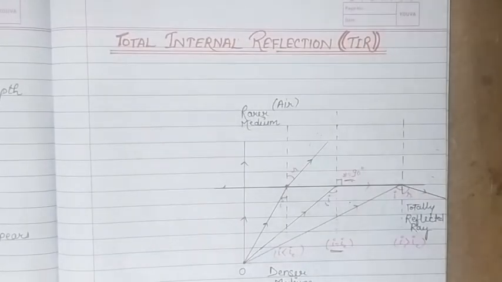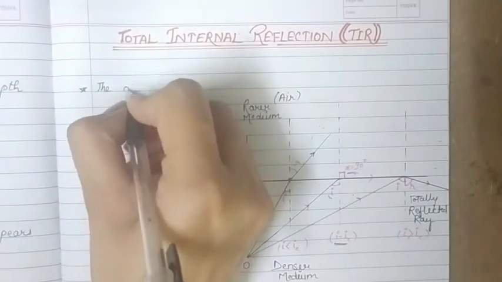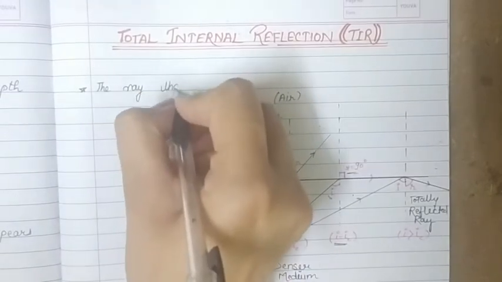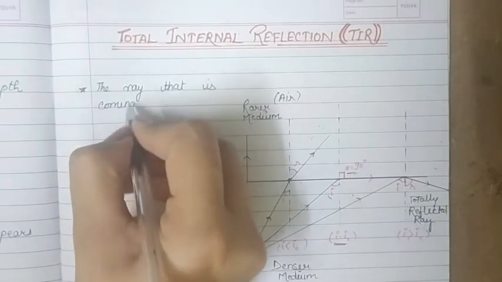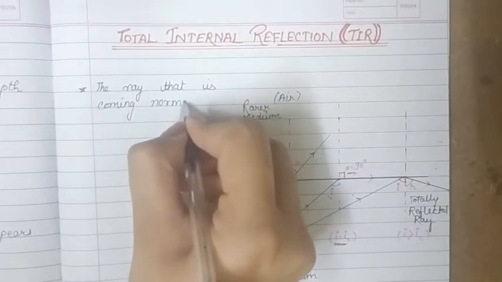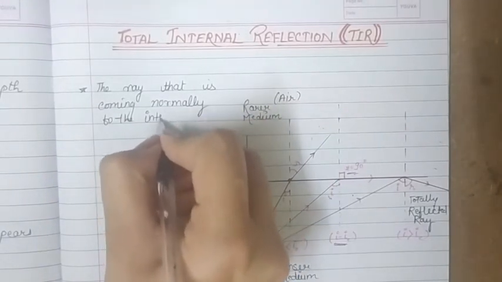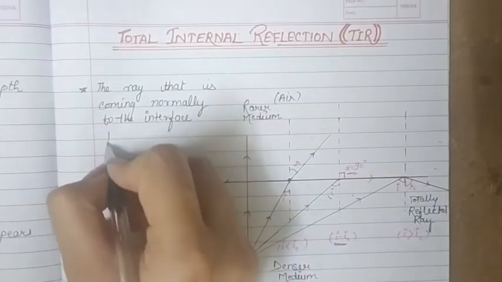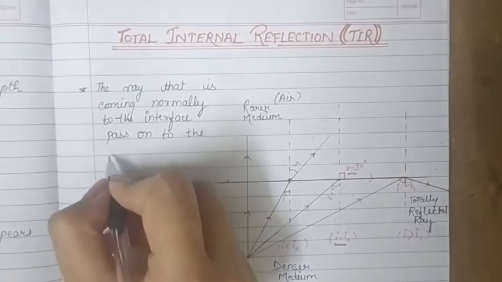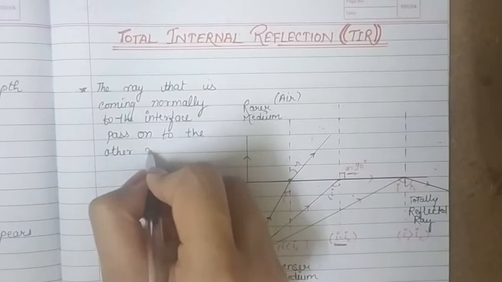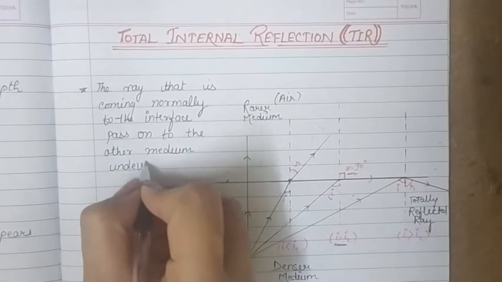So we can explain this phenomena as, first, the ray that is coming normally to the interface passes on to the other medium undeviated, right?